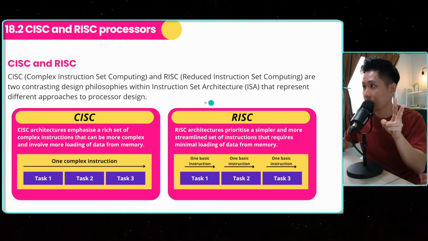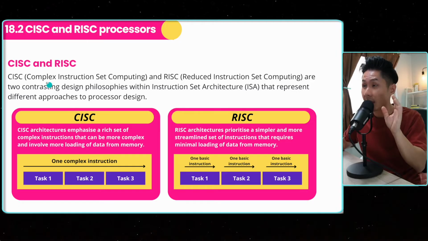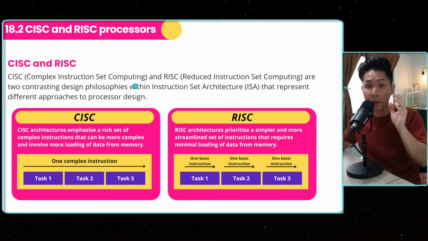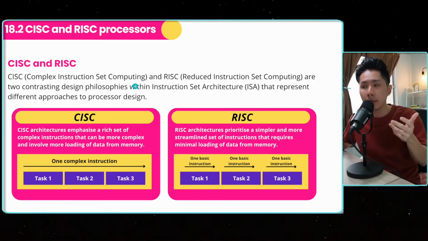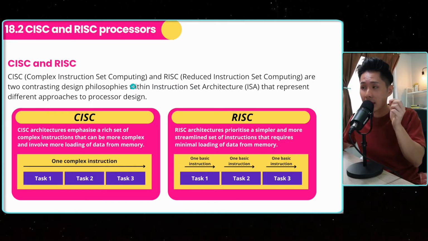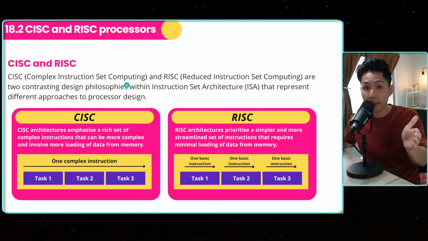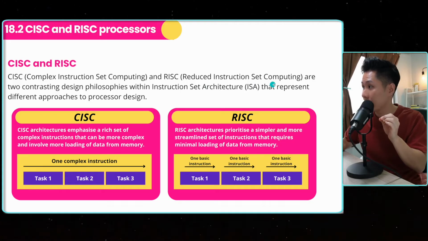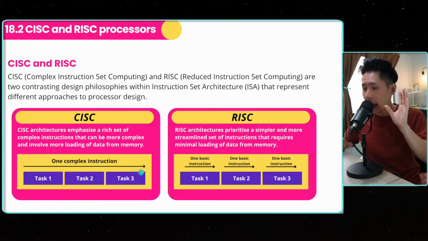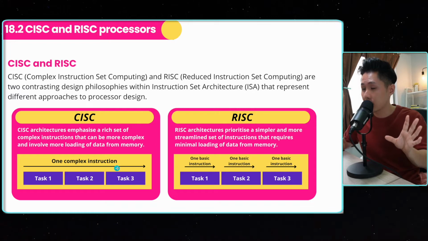And the two instruction set philosophies: CISC stands for complex instruction set computing. As implied by the name, each instruction here is a lot more complex. And reduced instruction set computing is a simple and more streamlined set of instructions that require minimum loading of data from memory. So I have created a diagram here to illustrate.